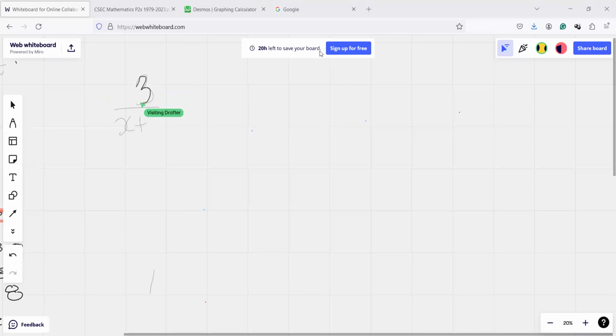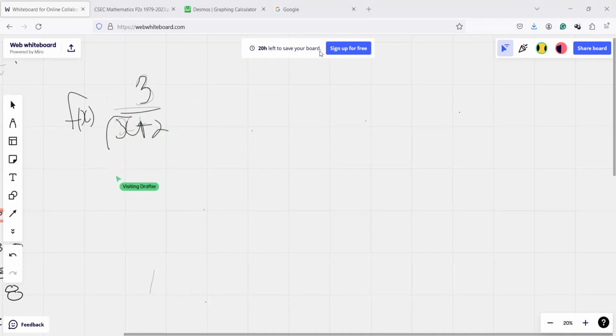All right, so 3 over x plus 2. And this is f of x. So we're going to basically, where we have x here, we're going to put back this function.